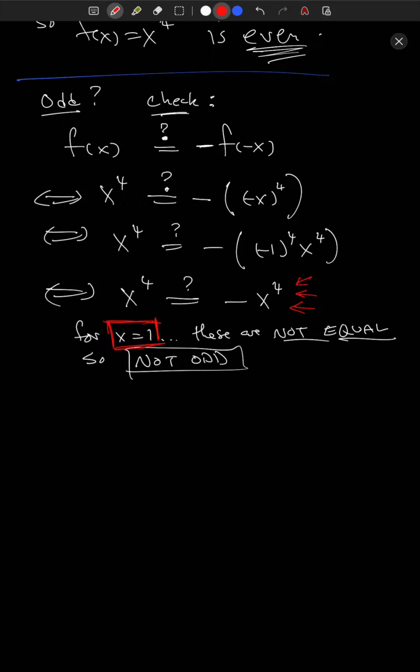So just because you find one input where it works, that tells you nothing at all. However, if you find one input where it doesn't work, then the whole thing fails. So there's this kind of difference between determining whether something is odd and determining whether something is not odd. One of them, in a way, is harder, because one you have to check every x. The other, you can just find one x where it doesn't work.